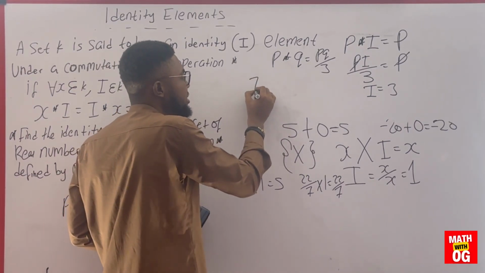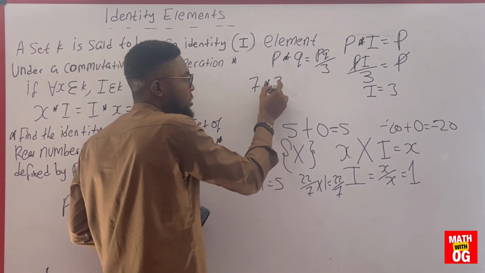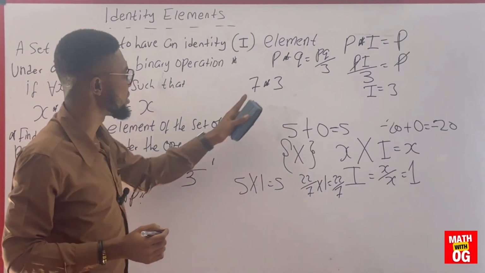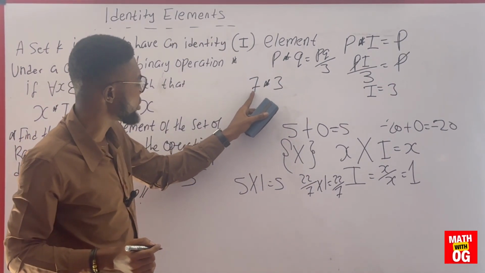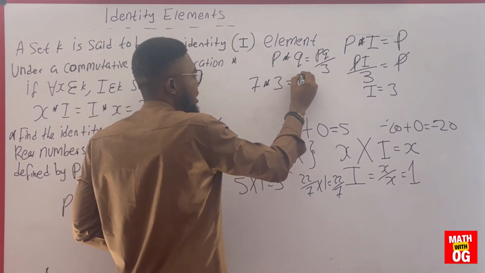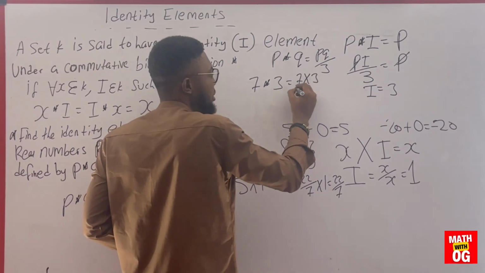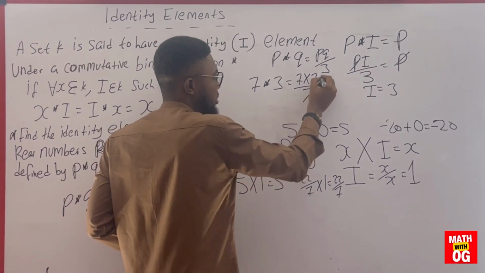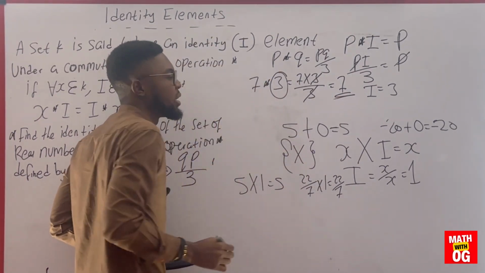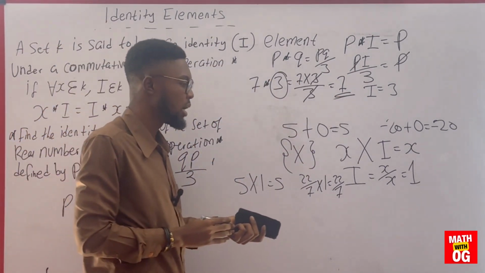Now, let's operate 7 on 3. We just agreed that 3 is the identity element, so this should give us 7, because an element operating on the identity element should give you that same element. So this should be 7 multiplied by 3 all over 3. 3 cancels 3 and the answer is 7. So we can agree that 3 here is the identity element.